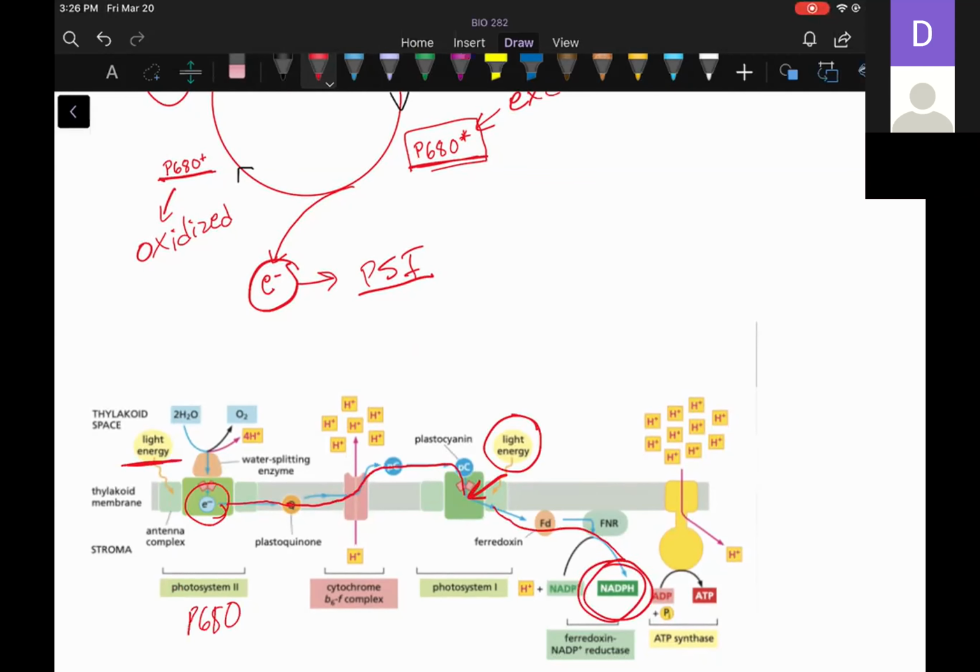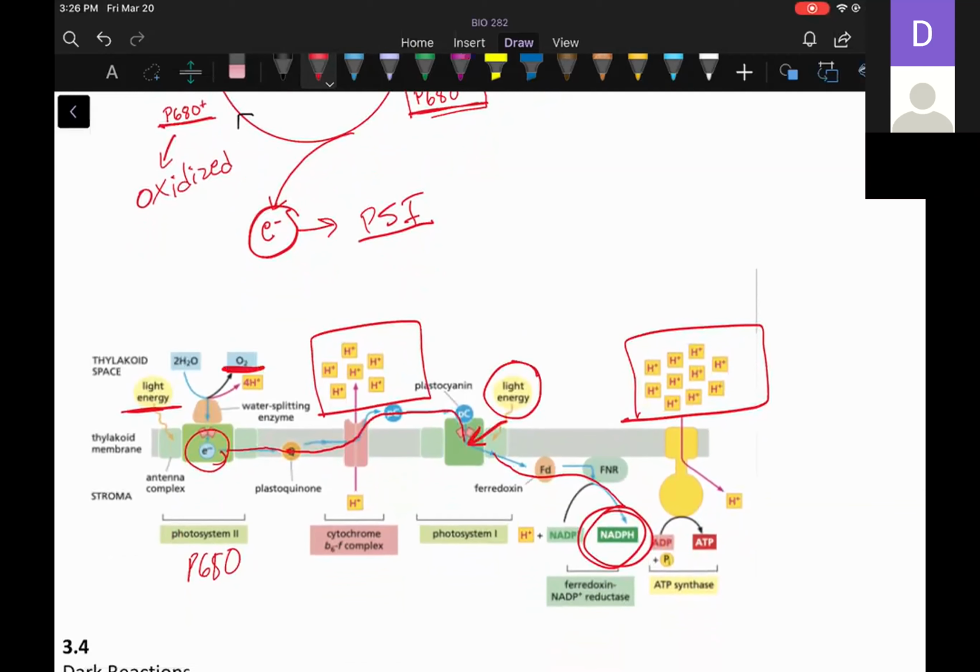And all while this process is happening, just like the electron transport chain in cellular respiration in the mitochondria, we're going to be creating our hydrogen ion gradient as well, right? And we're going to also have oxygen as a byproduct.